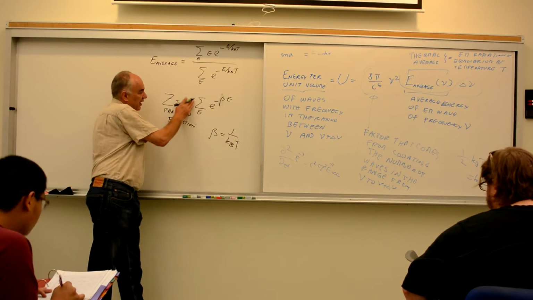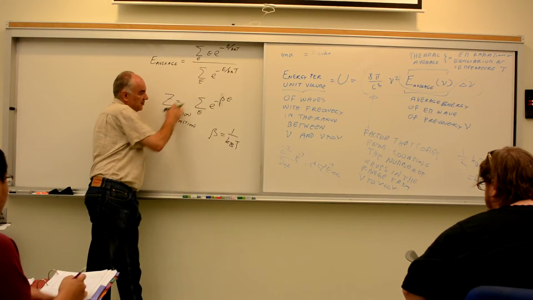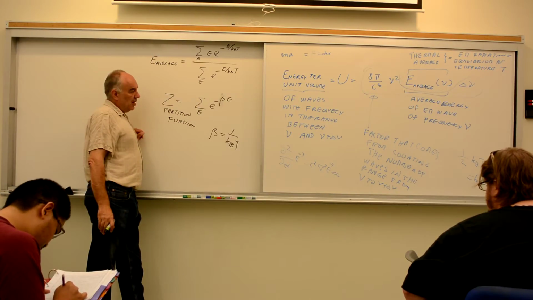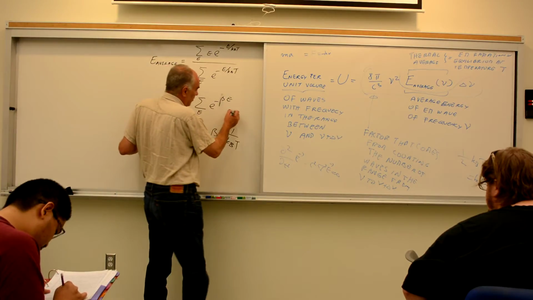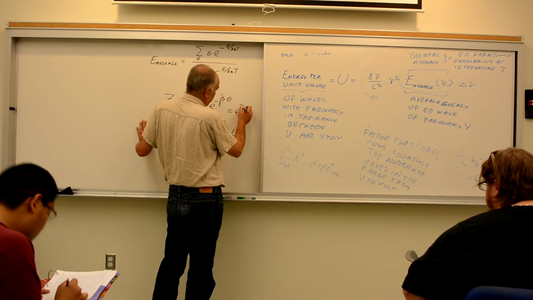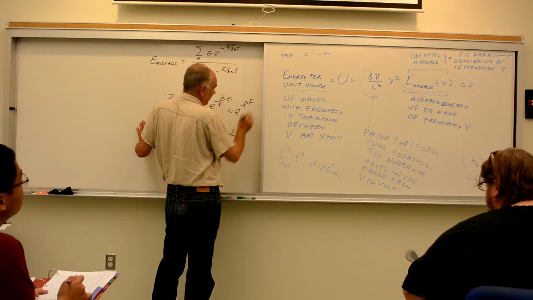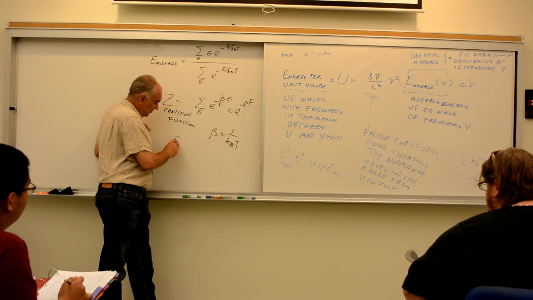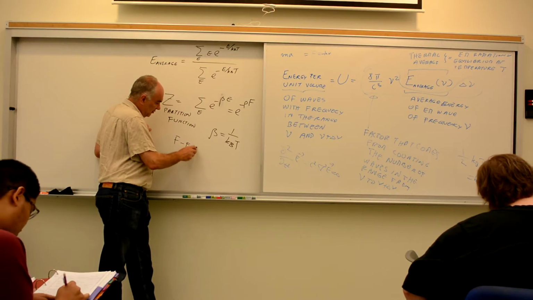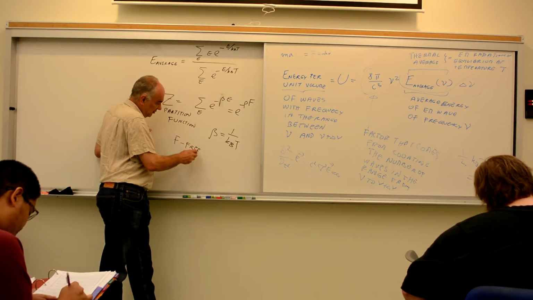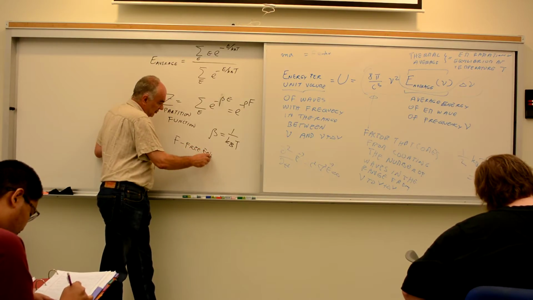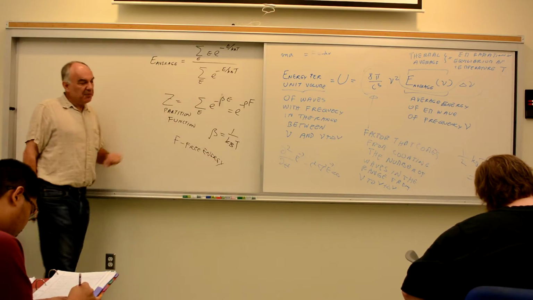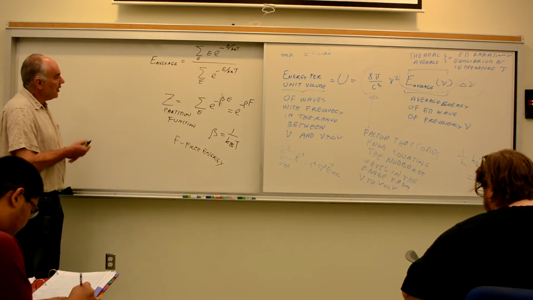So you can just define it like this. And frequently we write this as e to the minus beta F, where F is the free energy. This is one of the thermodynamic potentials, but it doesn't really matter.